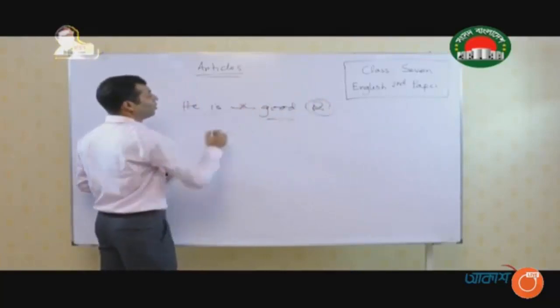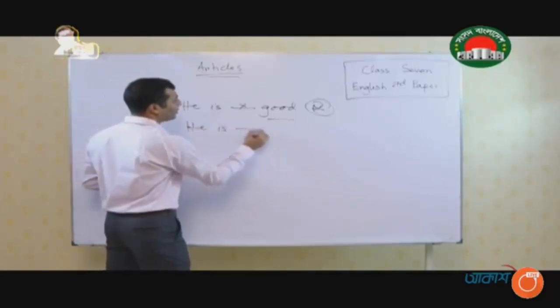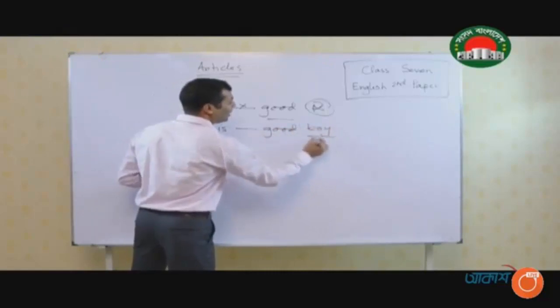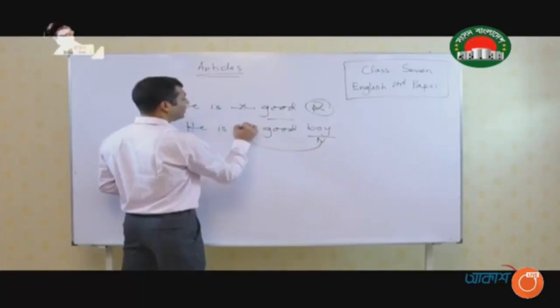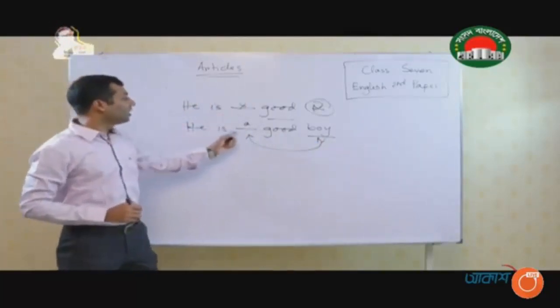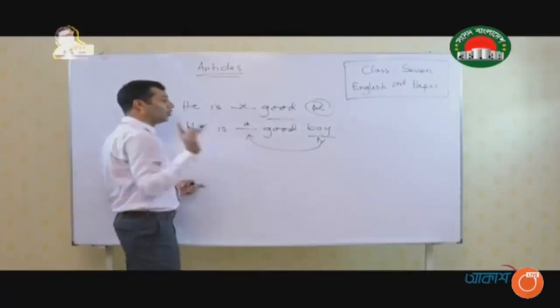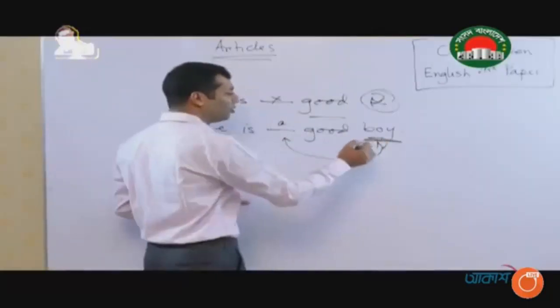So it will be a cross. But if I use he is dash good boy, you can see here, boy is the noun. Only for this we have to use an article, that is a. So he is good, no article, and he is a good boy. So we have used the article a here.